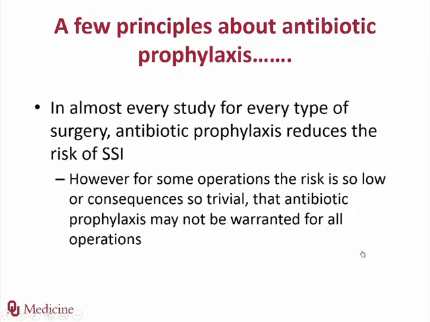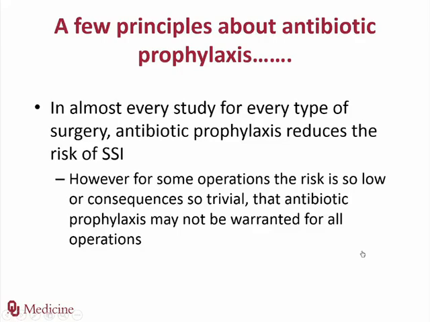Some infections, the infection rate is so high that it would be criminal not to. So colorectal surgery, where most clinical trials show infection rates are anywhere between 15 and 20%. Versus orthopedic surgery, where I suspect you have rates that are 2% or less. I think they're underreported, by the way, but across the board, you would expect very low risk.